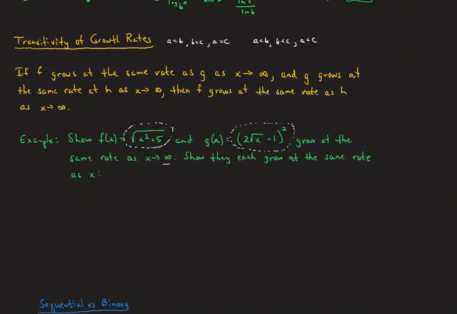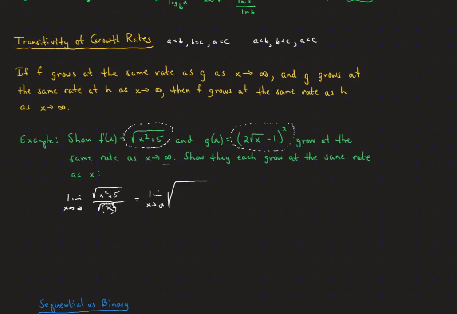So the way we can do that is we can take the limit as x goes to infinity, and we'll first take our f of x, which is this square root of x squared plus 5, and we'll compare that to x. What we can do here is bring that x into the radical. So we can make this be the limit as x goes to infinity, and when we bring this x into the radical, we're going to call it the square root of x squared.